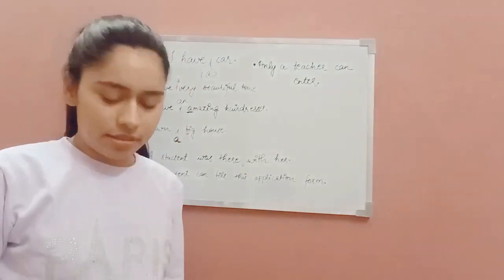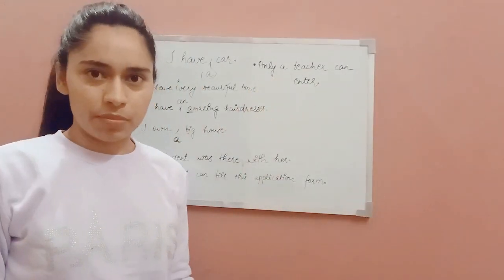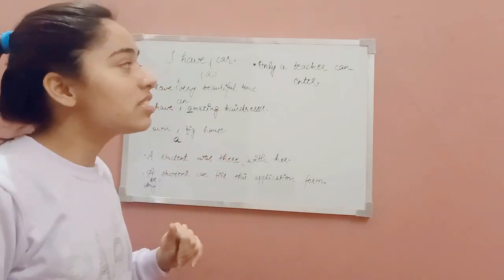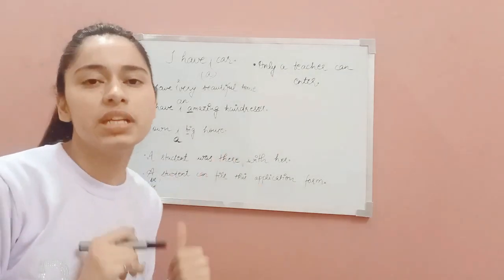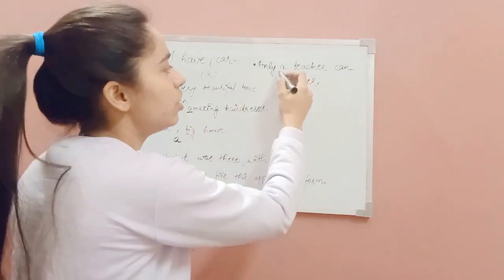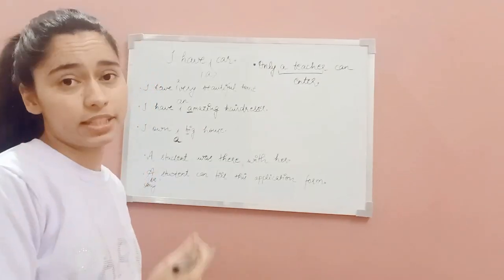Only a teacher can enter. So, does it mean एक ही teacher enter करेगा बस वहाँ पे? नहीं ना. It means the person who is trying to enter that room should be a teacher. This is a condition. He or she should be a teacher to enter that room.